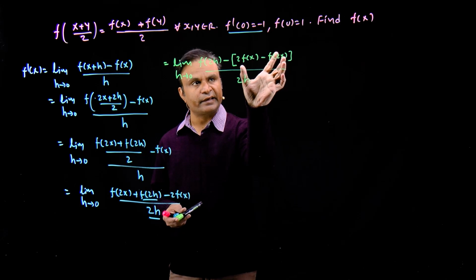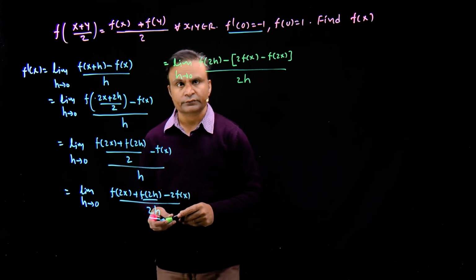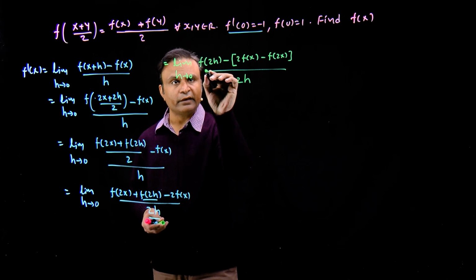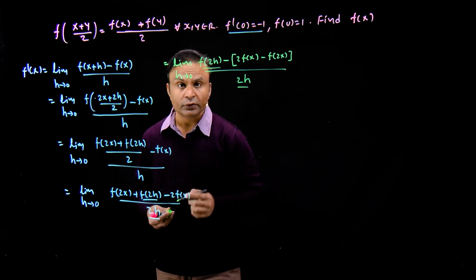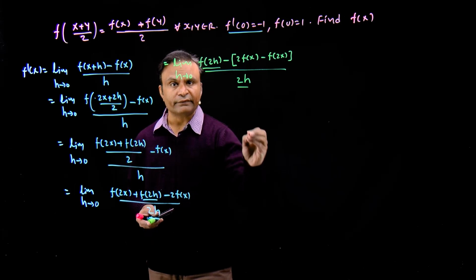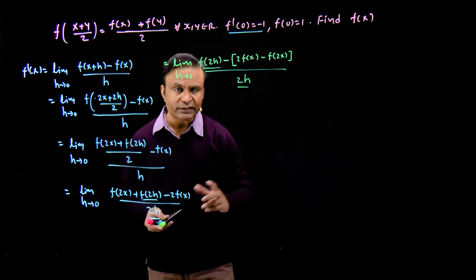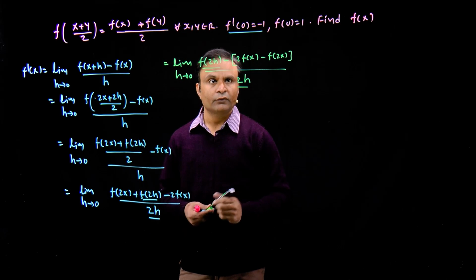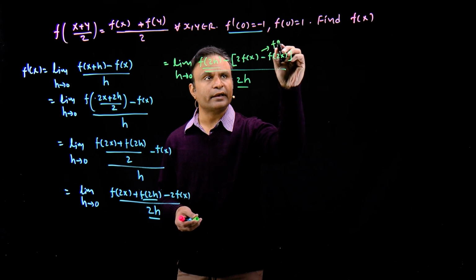Now what's the reason I have clubbed these two terms? Here f(2h) and here we have 2h. That means I can make this the limit definition of f dash 0. For that, this value must be f(0).